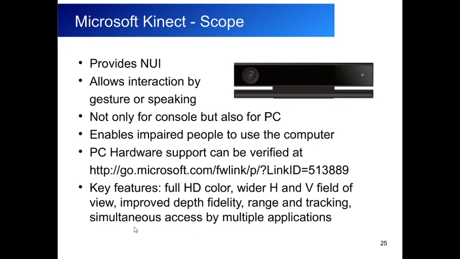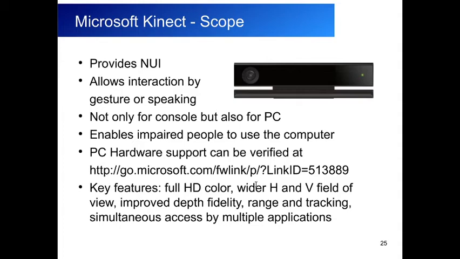And the key features of this device are that it has full high definition color, and it has a wider horizontal and vertical field of view. It can retrieve also depth information about the image, and can track and range items in view.